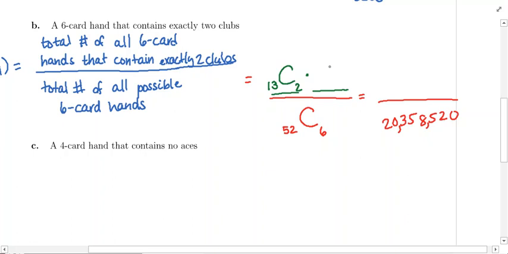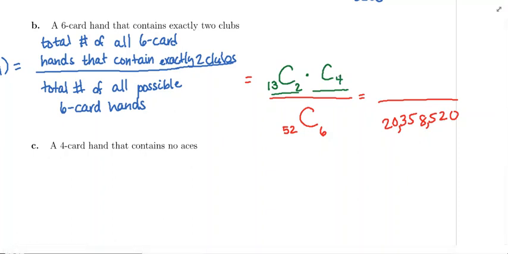To handle the 4 remaining cards, it's still going to be a combination, and we're going to be choosing the 4 remaining cards. But what are we choosing from? Well, the remaining cards cannot be clubs. So they have to come from the hearts, the diamonds, and the spades.